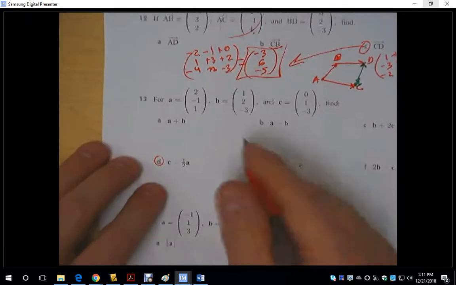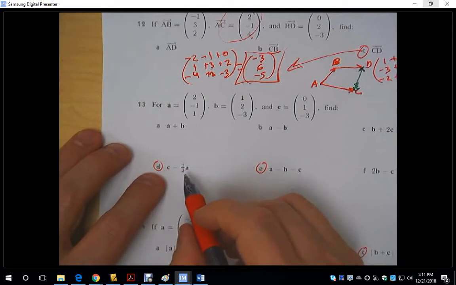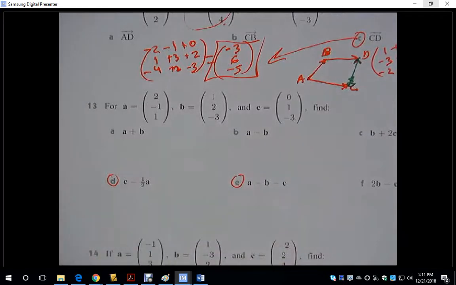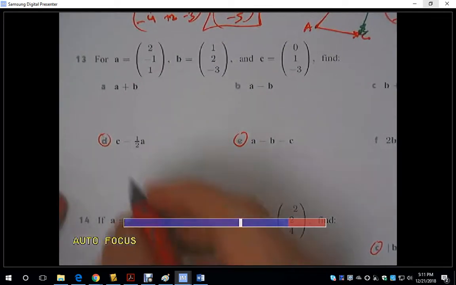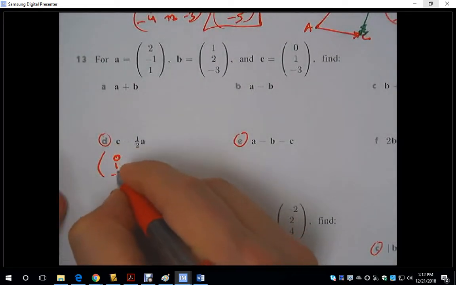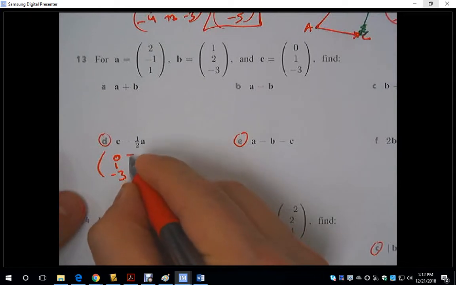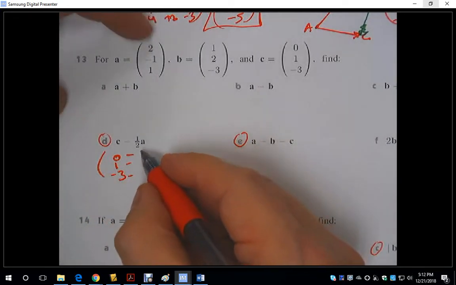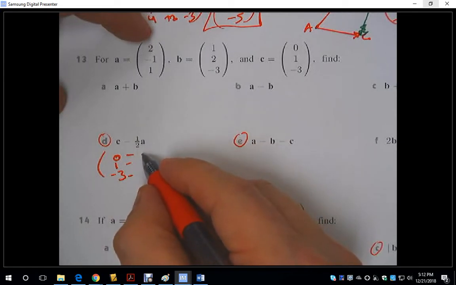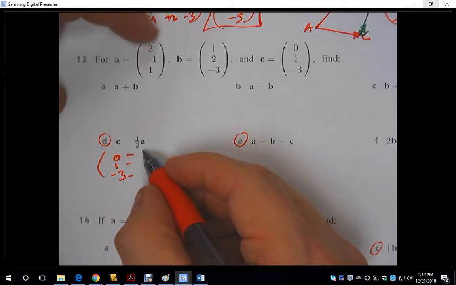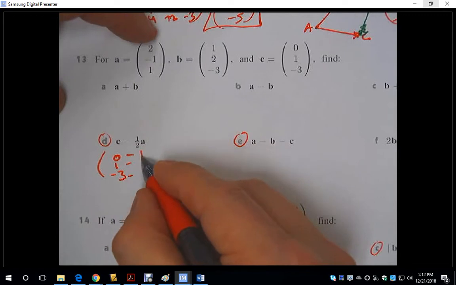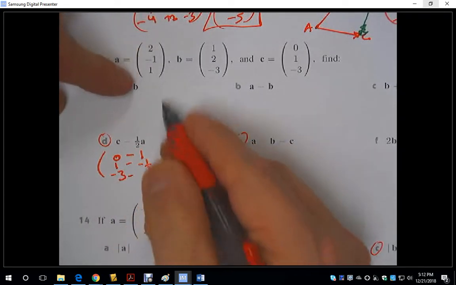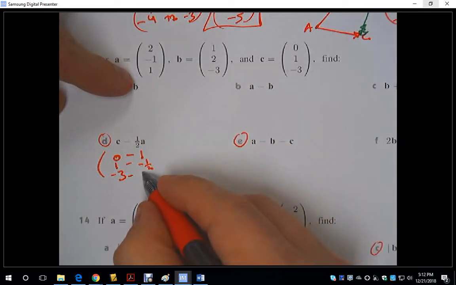All right, 13D. We're going to take C, which is 0, 1, negative 3, and we're going to subtract 1/2 of A. 1/2 of A is going to be 1/2 of 2, which is just 1. 1/2 of negative 1 is going to give me negative 1/2, and 1/2 of 1 is also going to give me 1/2.